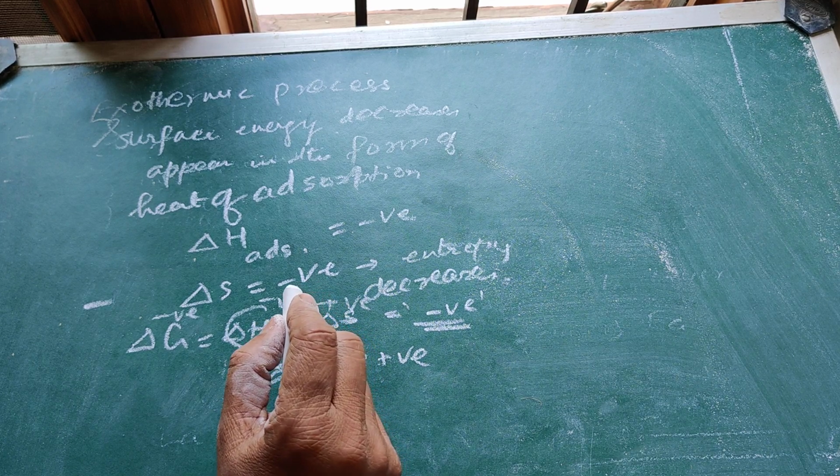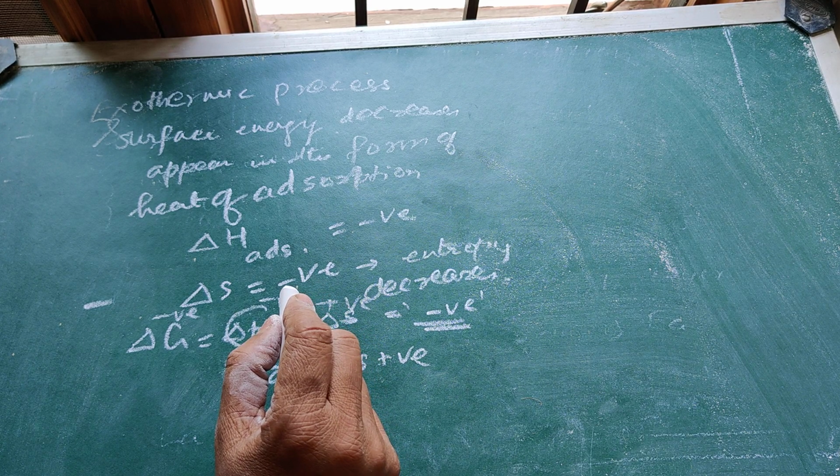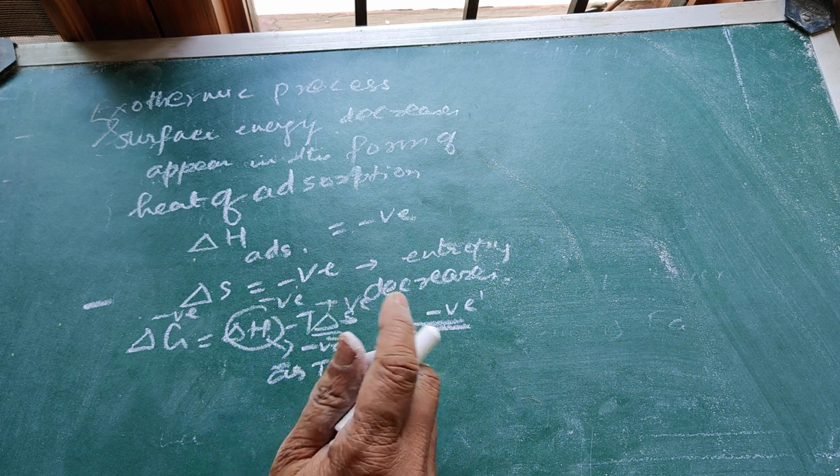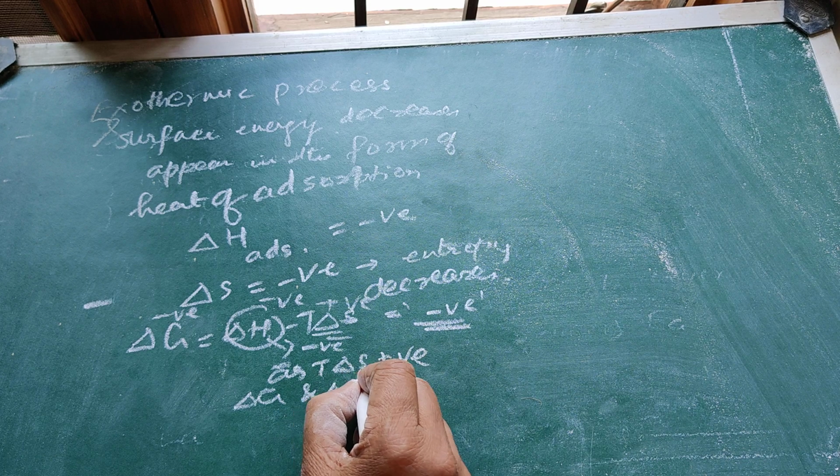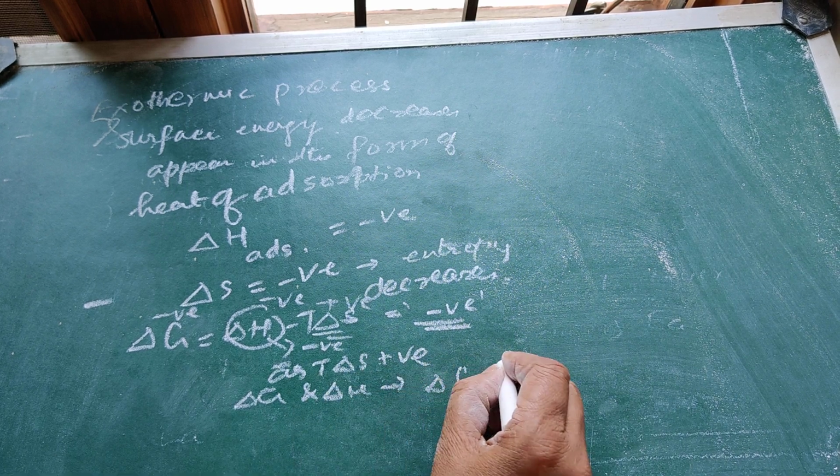Okay. So in the beginning of the adsorption process, which is spontaneous, the combination of the two factors, that is del H and T del S, makes del G negative.